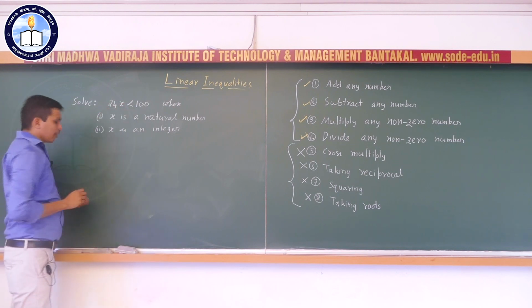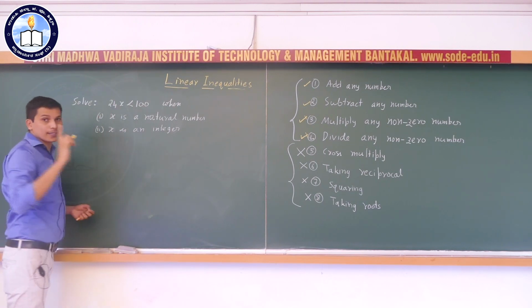How can you solve this particular linear inequality? The highest power of x is 1. So how can you solve?